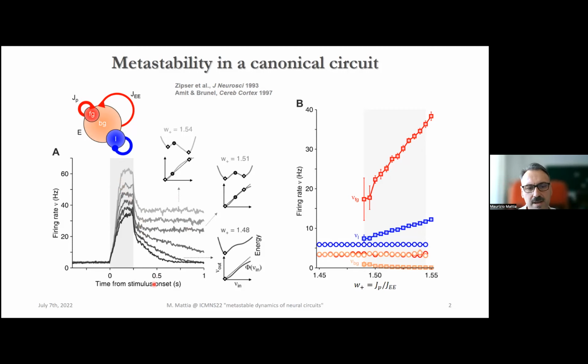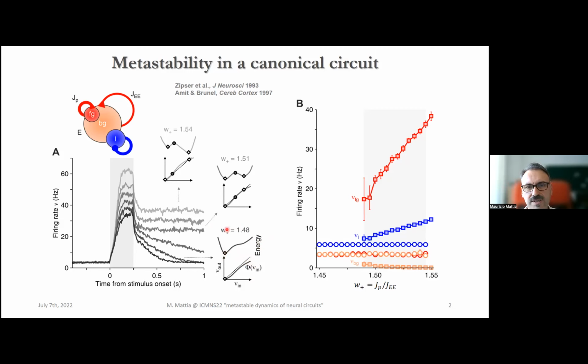And this is an example of what is happening whenever you change the strength of the synaptic excitation, which brings about a symmetry breaking. When the coupling is weak, you have only one attractive state at the low firing rate.